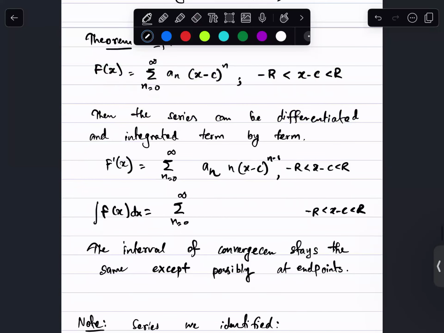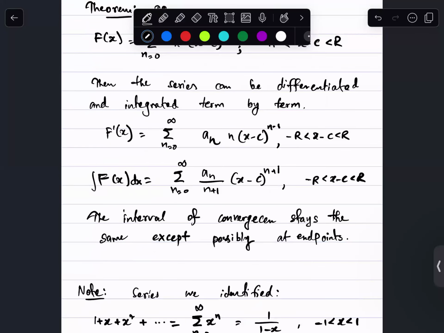Okay. And the same sort of scenario goes when I take the integration as well. If I take the term by term integration, I'll get this expression, right? (x minus c) to the n plus 1. And then also I have the same radius of convergence. And this is stated here. The interval of convergence stays the same except possibly at endpoints.